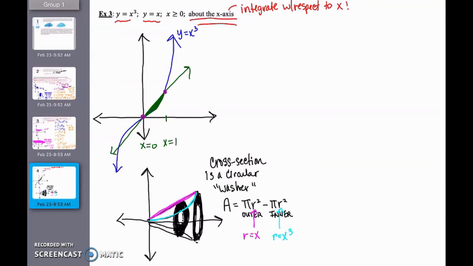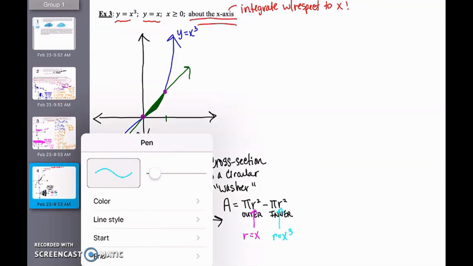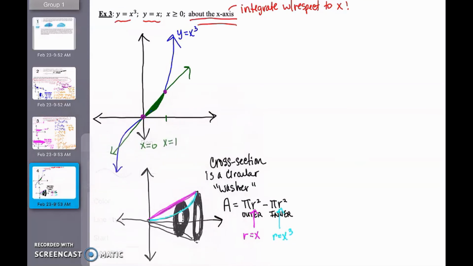All right, so I think we're ready to create a volume equation. So we know that our volume is going to be equal to the integral, and we figured out our limits of integration have to be where these two functions intersect each other. So from x equals 0 to x equals 1. And our area is going to actually be the subtraction of two areas.